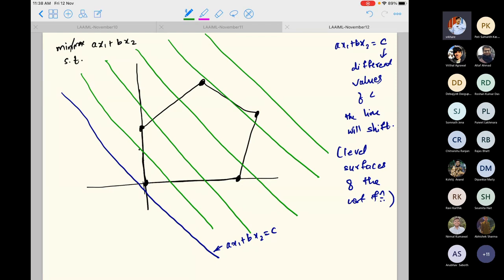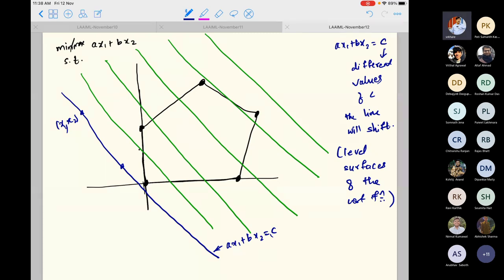I am getting the pairs x1, x2 in the R2 plane. For any pair x1, x2 that I pick here, what is the value of the cost function? The value of the cost function is c. Here too, the value is still c. So entirely on this line, ax1 plus bx2 is equal to c, the value of the cost function is c.